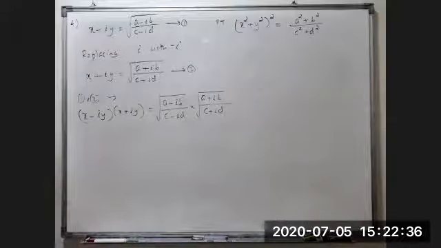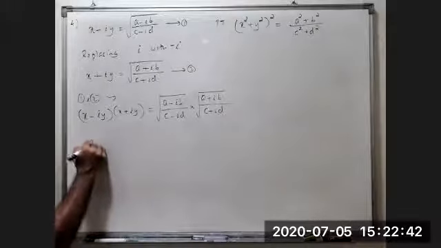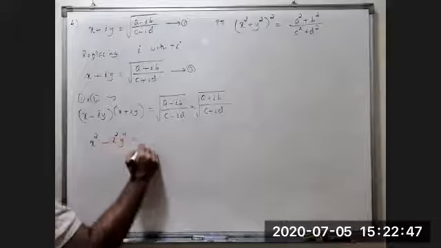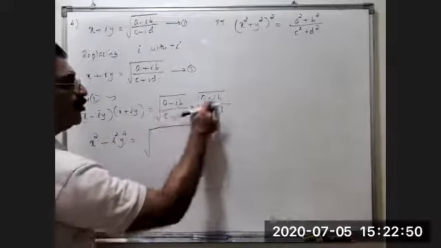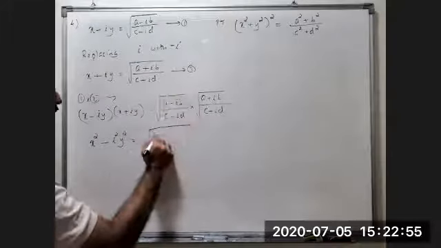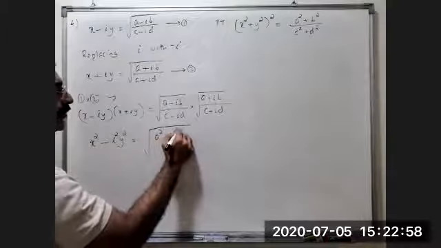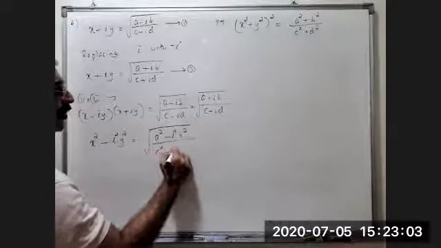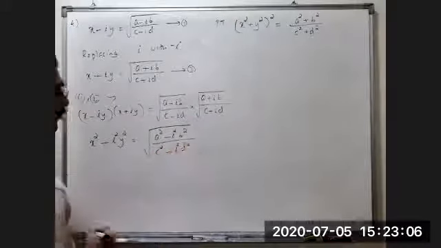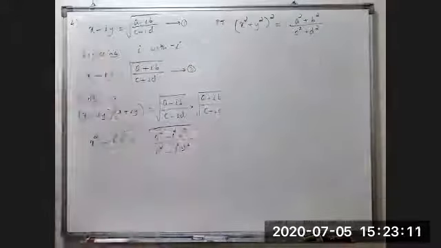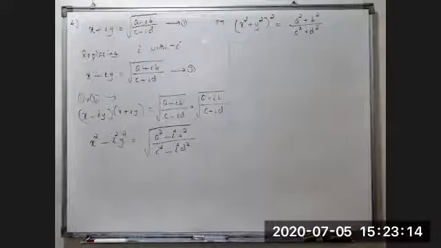Left hand side, in the x minus iy, x plus iy form, is x square minus i square y square. On the right hand side, root a root b is root of ab. Again, a minus ib into a plus ib is a square minus i square b square, by c square minus i square d square.